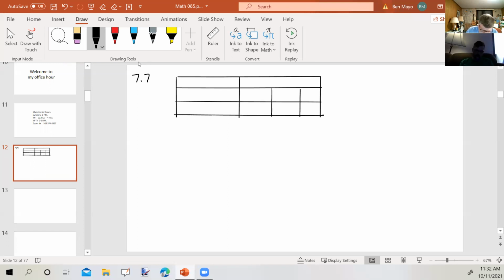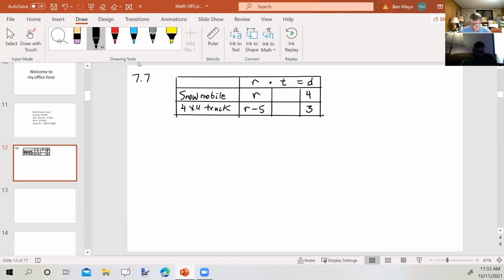All right, this says snowmobile and 4x4 truck. This says R times T equals D. This is an R and a 4 and a 3 and an R minus 5.